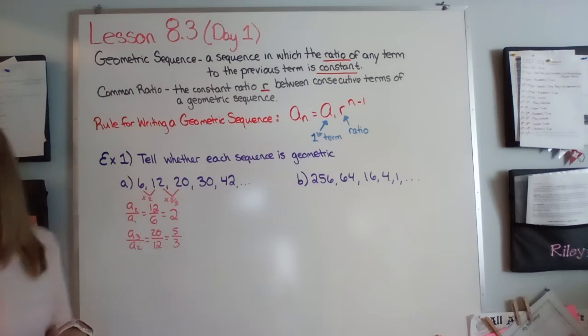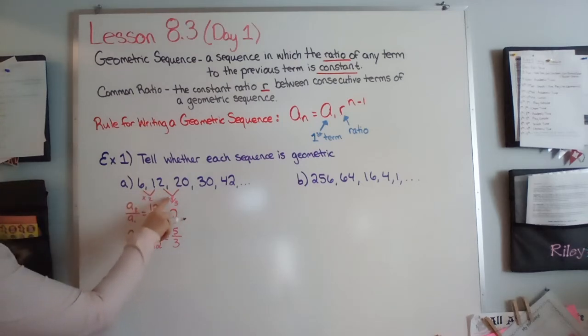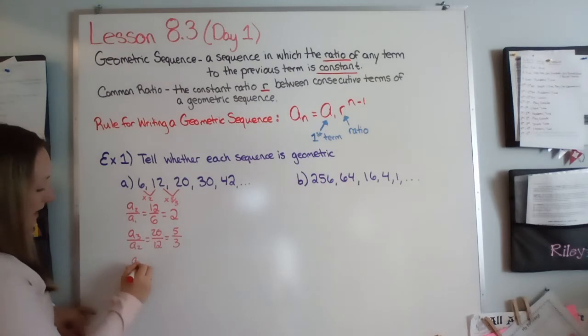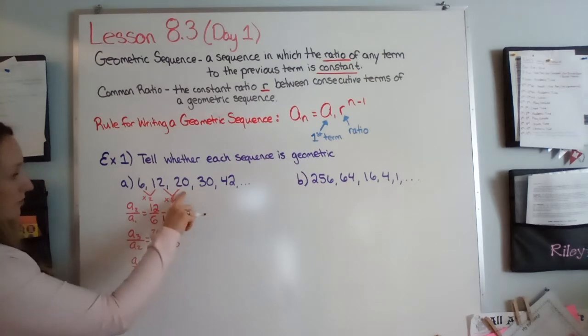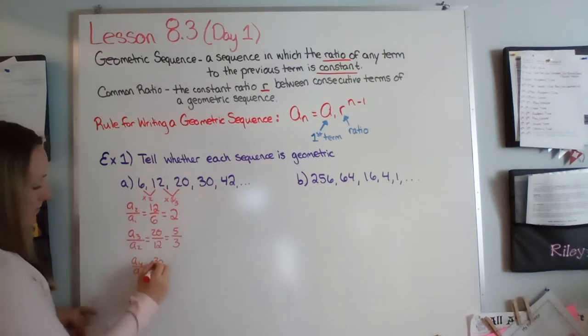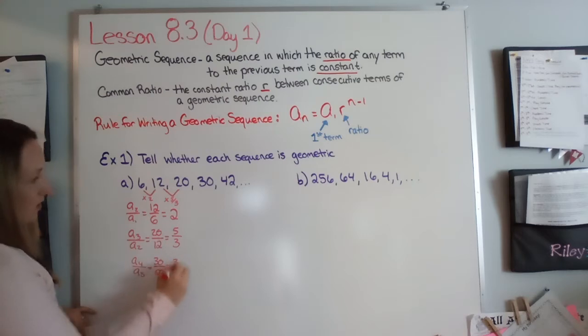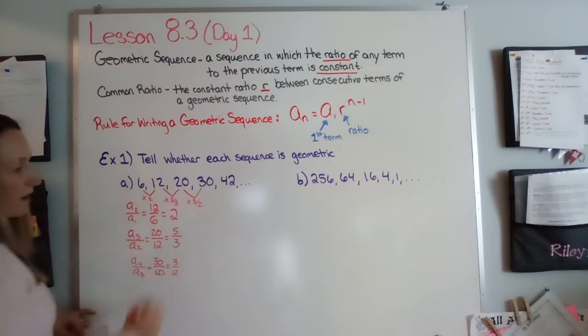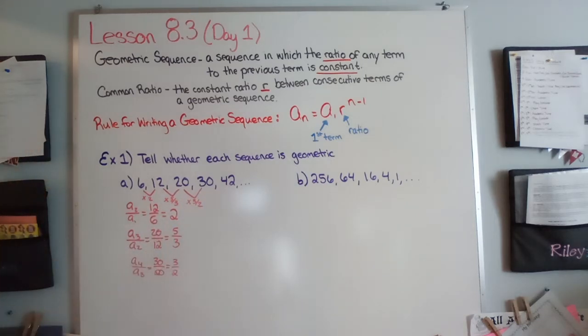We can actually stop here. As soon as you see the ratio is not common, you can stop. But I'll just do one more. a sub 4 over a sub 3. So I'm going to have 30 over 20, which simplifies down to 3 over 2. So I'm multiplying by 3 over 2. Okay, and again, I could do the last one, but I can stop.